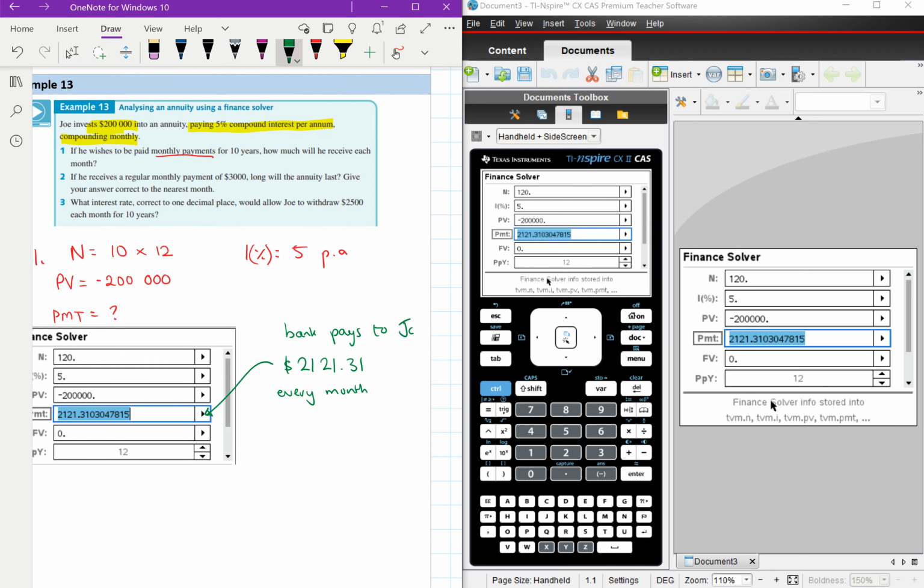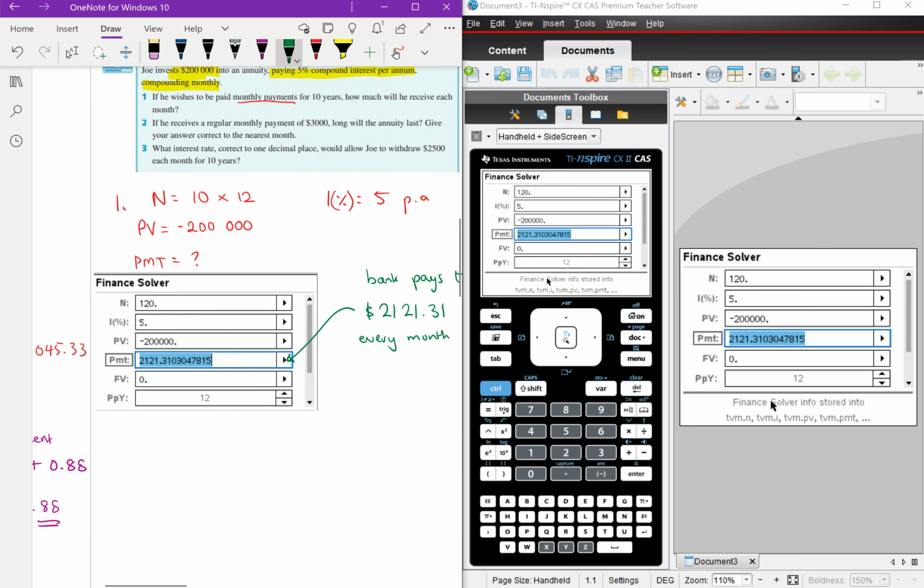To Joe every month. And then part 2 now says, well, if he receives a regular monthly payment of $3,000, I'm guessing it says how long will the annuity last? Give your answer correct to the nearest month.